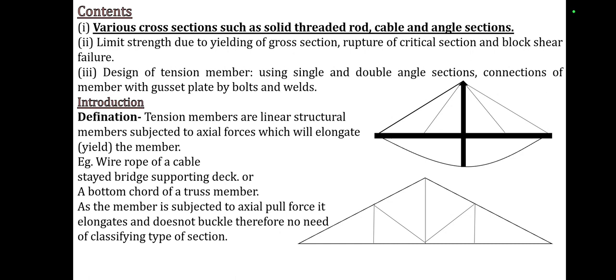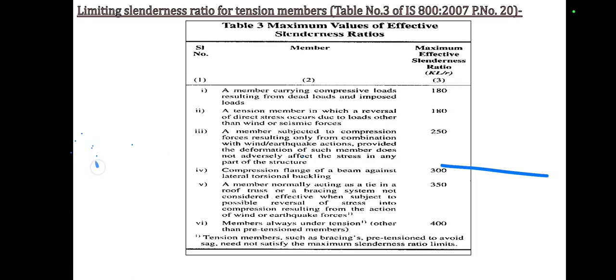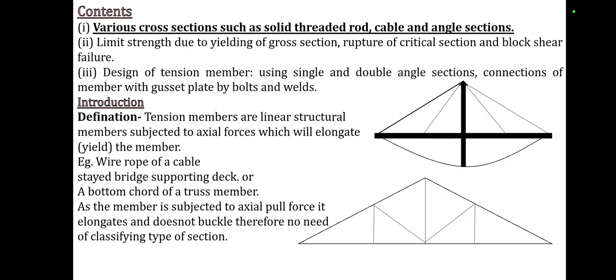The first is solid threaded rods, the second is the angle section, and the third is cables.